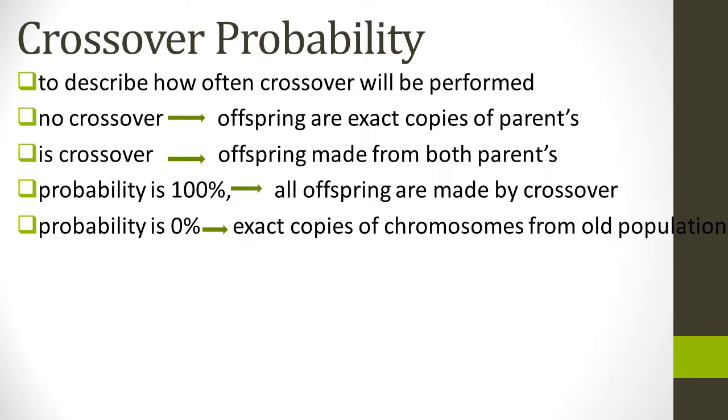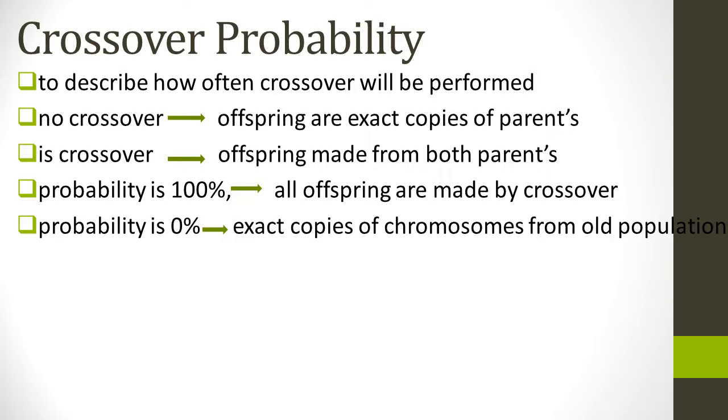Then the next topic is crossover probability. The basic parameter in the crossover technique is the crossover probability. Crossover probability is a parameter to describe how often crossover will be performed. If there is no crossover, offsprings are exact copies of parents.